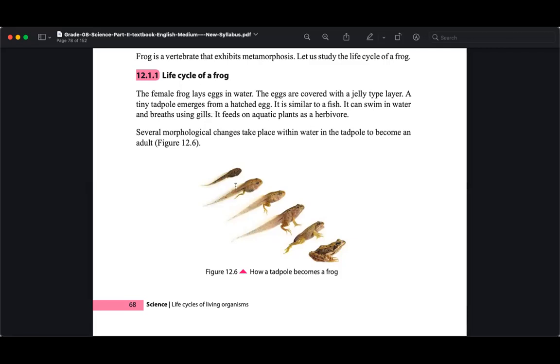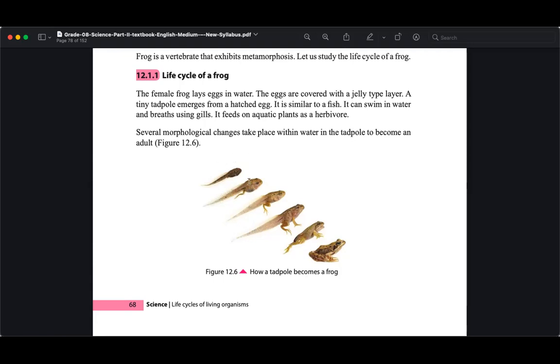As for how it gets nutrition, it is herbivorous and eats aquatic plants, so innocent.